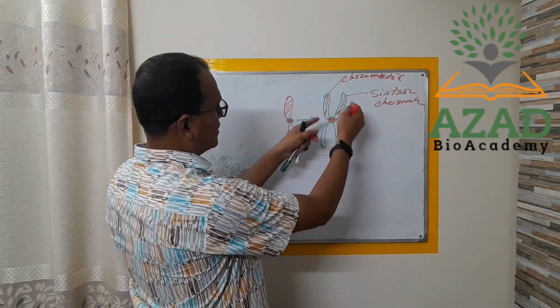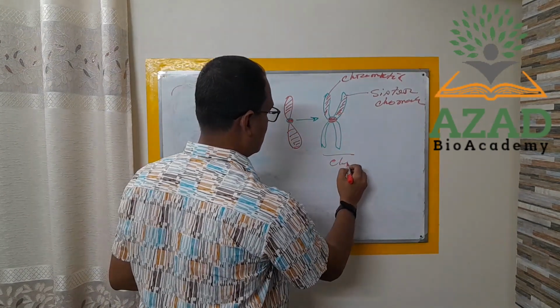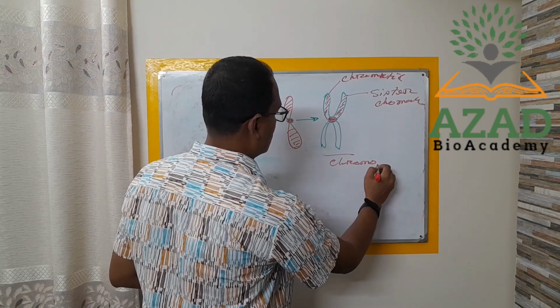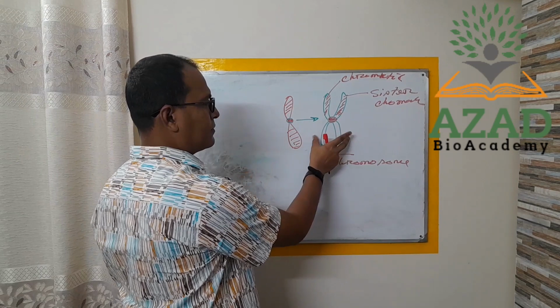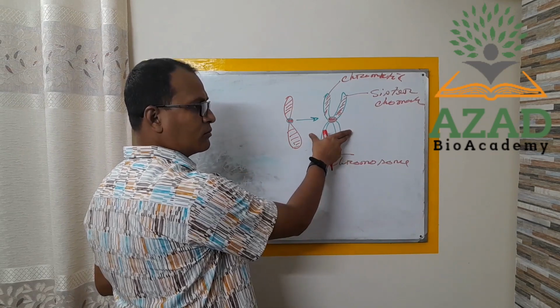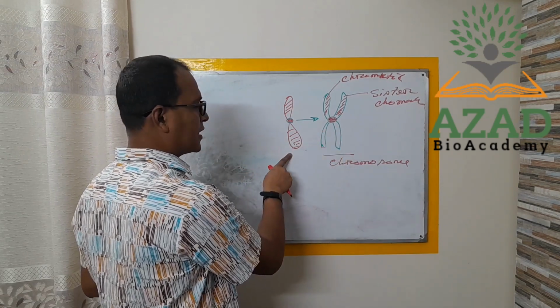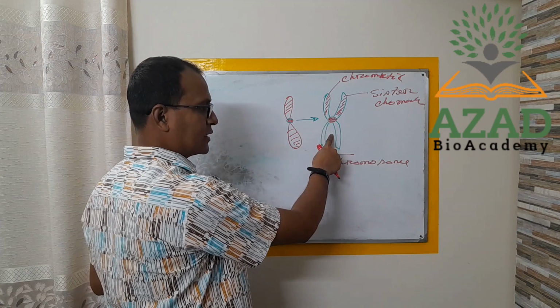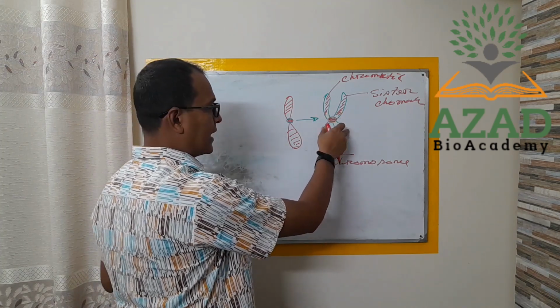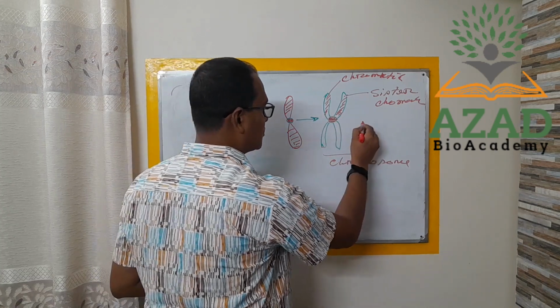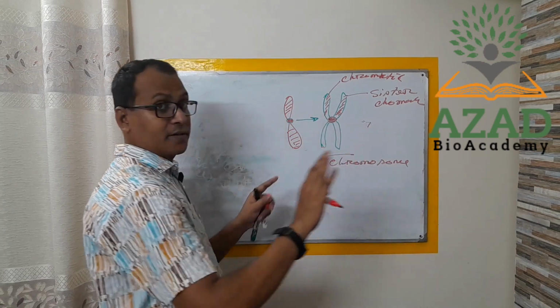You can think this is a chromosome. Is this a pair of chromosomes? No. This is a single chromosome. This is also a single chromosome, and this is already the duplicated form, and this chromosome is ready to separate.